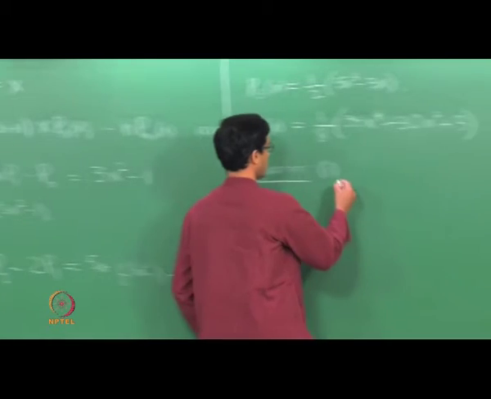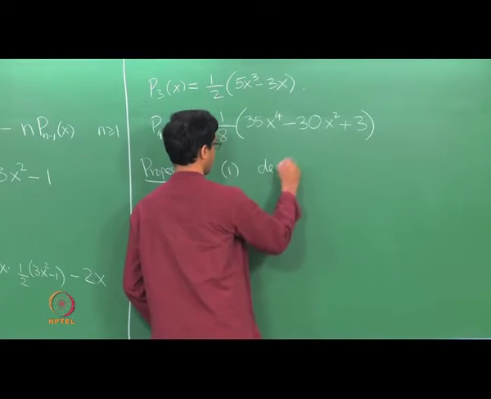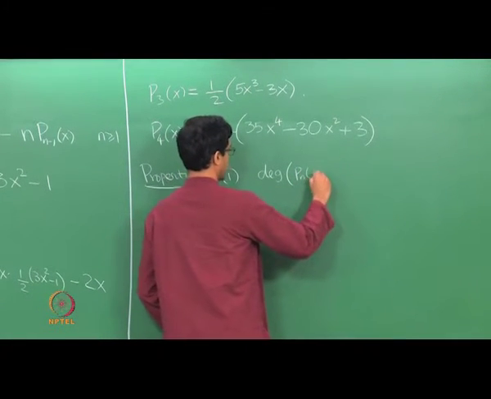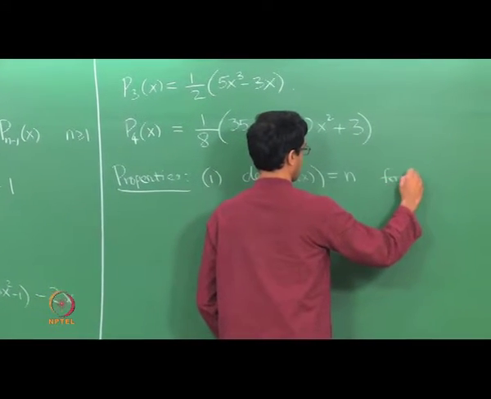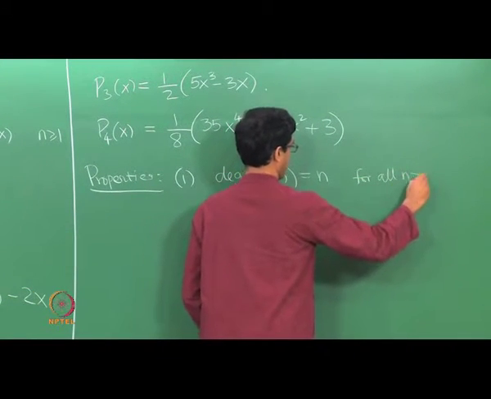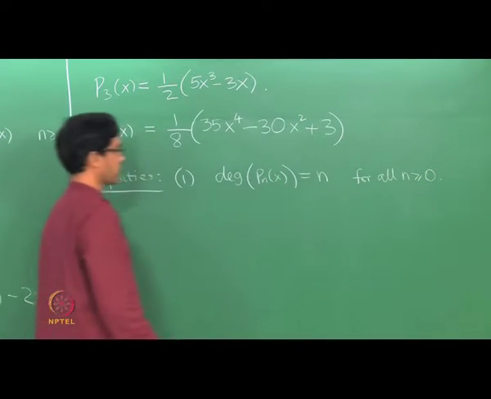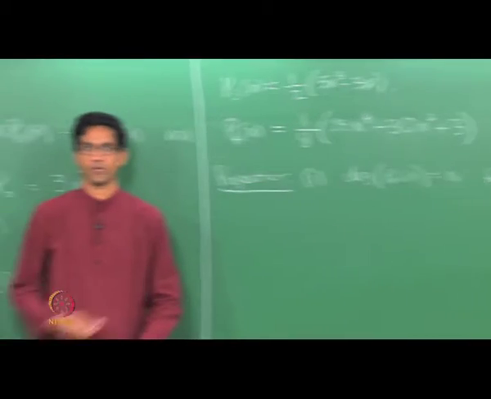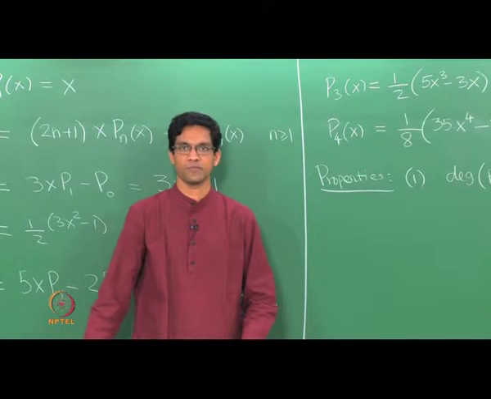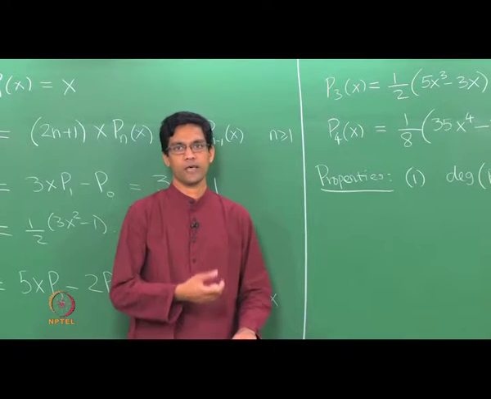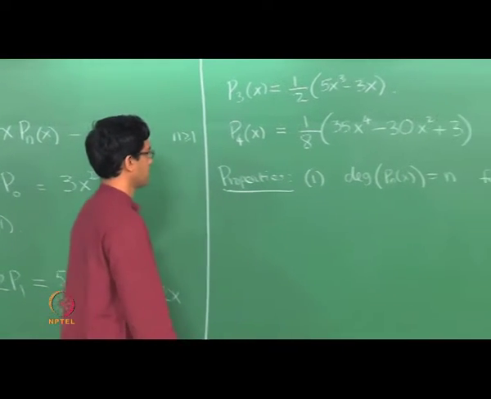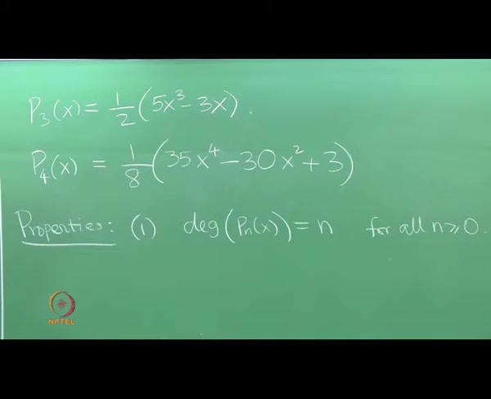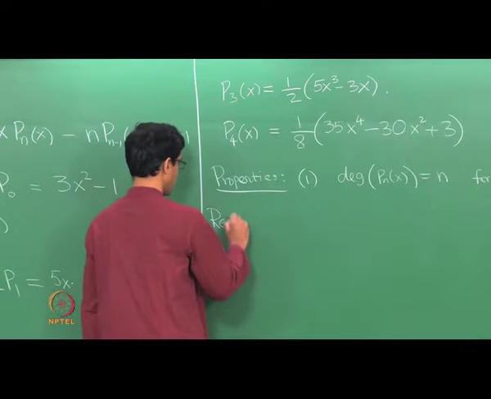So the property here is that the degree of Pn is exactly n for all n. And observe, this is in fact also true for the Tn's. We also said this as one of the properties of the Chebyshev polynomials, that Tn has degree n. And polynomials of this kind are rather useful for the following reason.